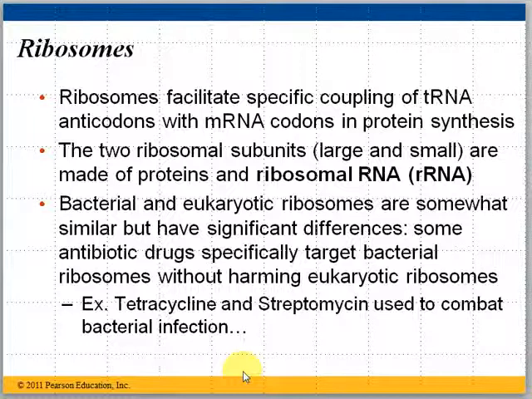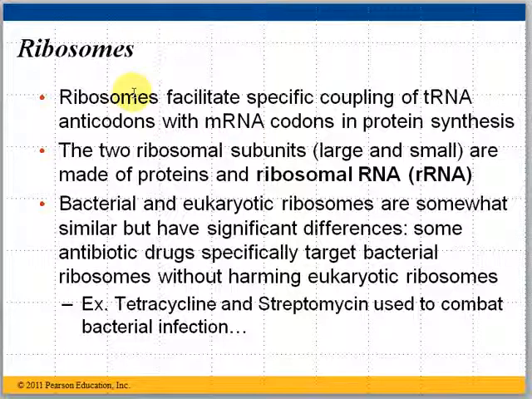Ribosomes are the actual workers that build and create these long chains of polypeptides that will go into becoming proteins. Ribosomes facilitate specific coupling of transfer RNA anticodons with messenger RNA codons in protein synthesis. A ribosome is the site where the transfer RNA brings in a specific amino acid, lines up properly with the messenger RNA, and then attaches that amino acid to the ever-growing chain.